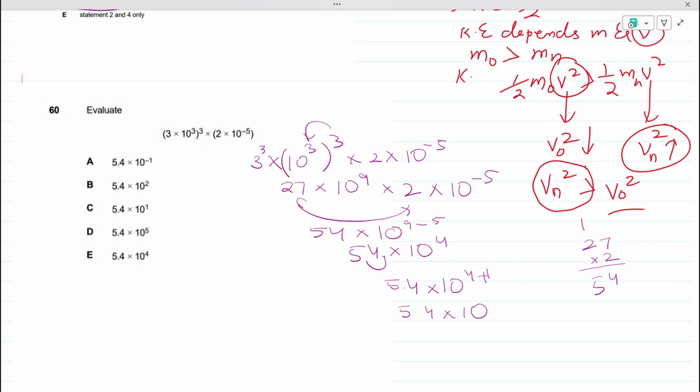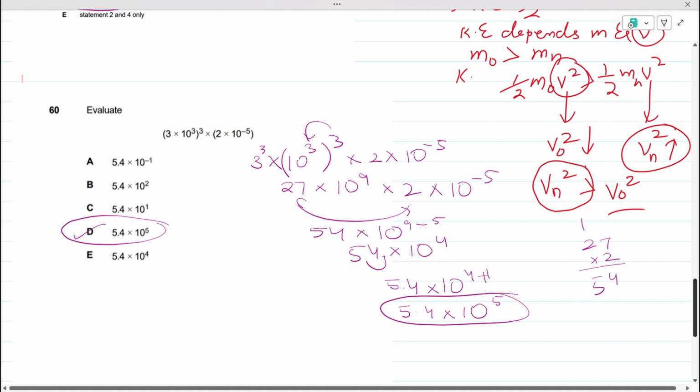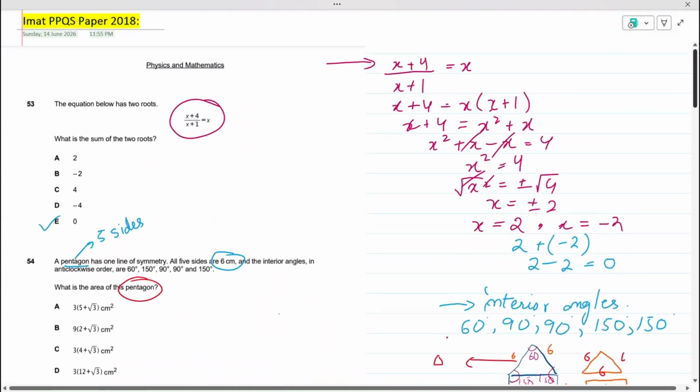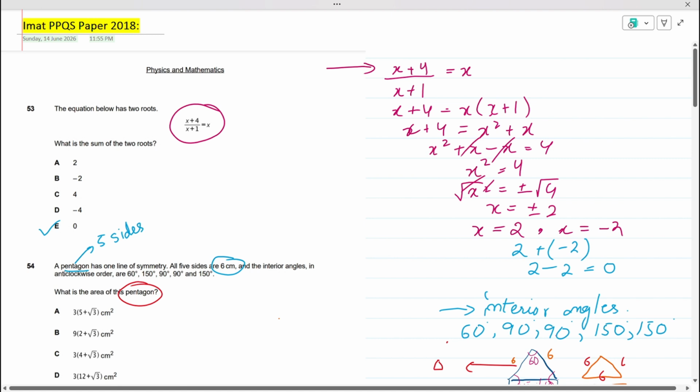But since I have moved it to the left, it has to be added. So 5.4 into 10 to the power 4 plus 1 is 5, right? So this is the answer I have: 5.4 into 10 to the power 5. We have it as option D, so this is the correct answer. So we have solved all the questions from the past paper of IMAT 20.